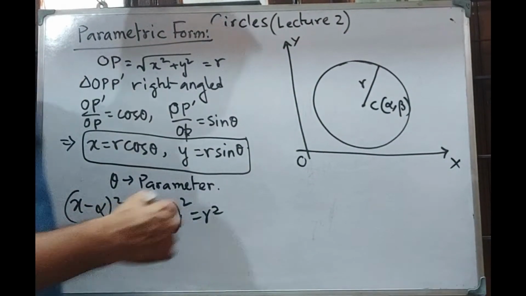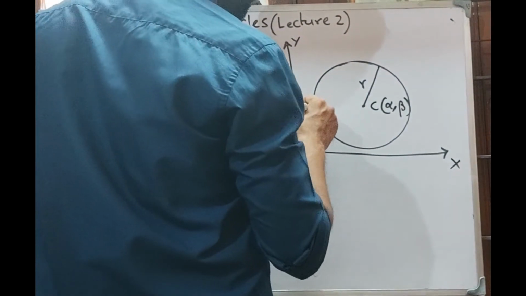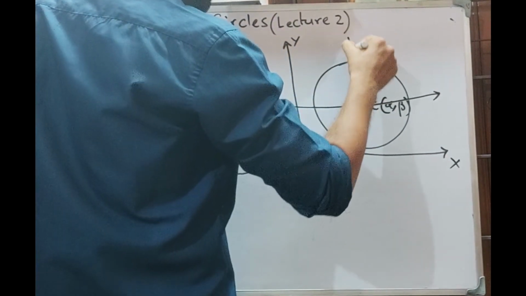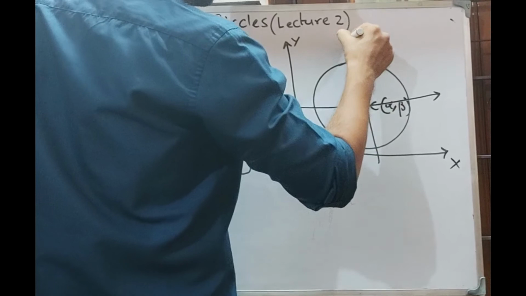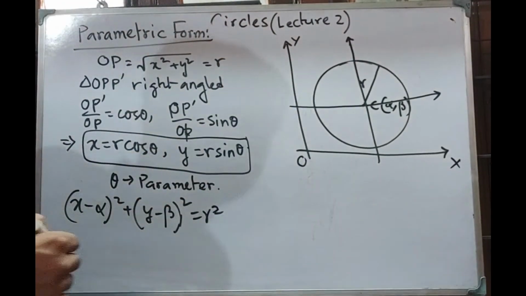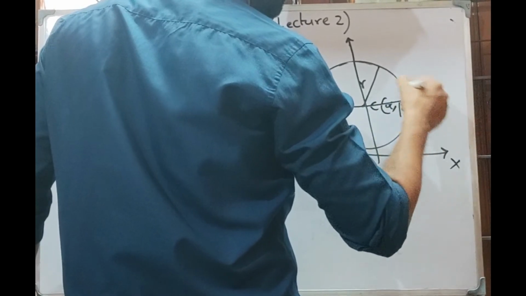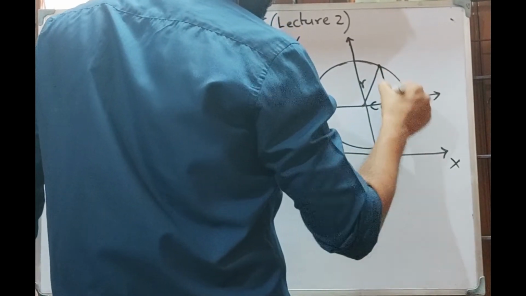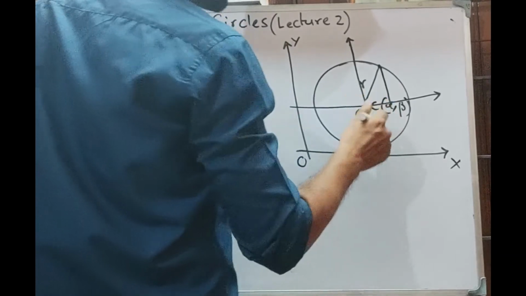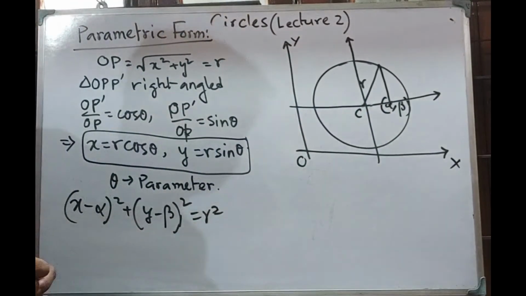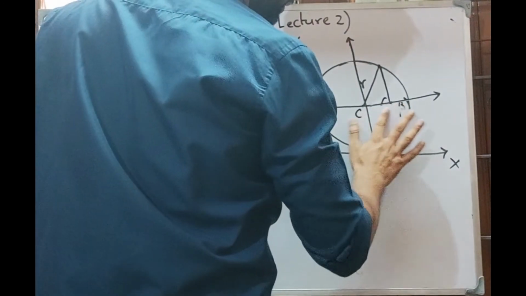So our task is to take two parallel lines with the axis and passing through the center. So if I consider this triangle now here, and I am drawing the perpendicular, let me write C here in this side, and this point (alpha, beta) also.